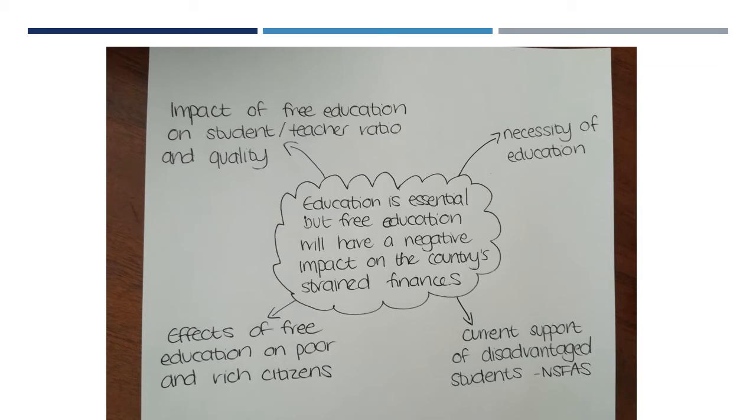The paragraph will then have supporting details outlining more information about how or why current students are supported through NSFAS. Our third paragraph is going to have a topic sentence about the effects of free education on poor and rich citizens. And our fourth paragraph is going to have a topic sentence about the impact of free education on student-teacher ratio and quality.